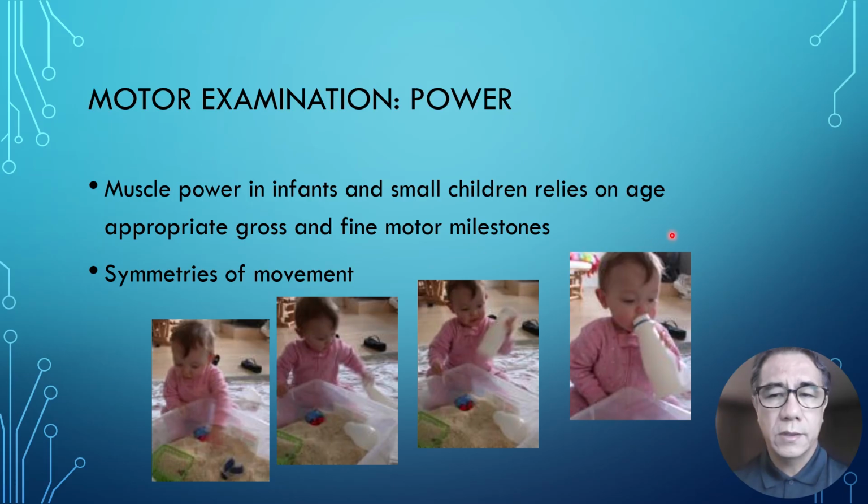And always observe their developmental motor milestones, either gross motor or fine motor, if they are symmetric, if there's any preference to one side more than the other, especially before 2 years of age.